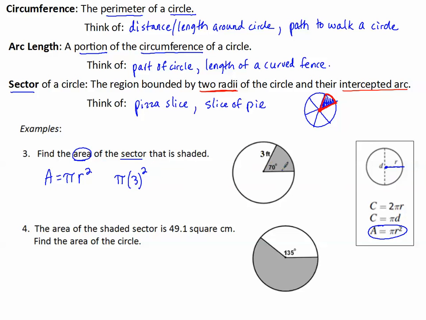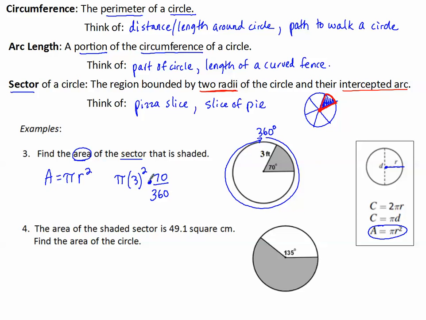We only want this section, this 70-degree section. Well, we know to go all the way around a circle, that's 360 degrees. If this is only part of it, to take part of something, we're going to do just a portion of 360. 70/360ths is all that we want of this circle.